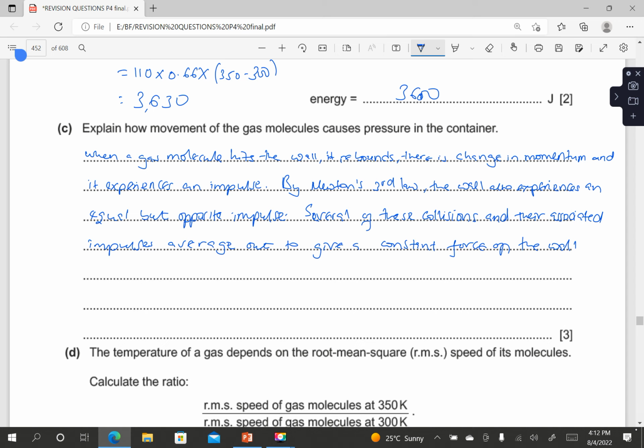So several of these collisions and their associated impulses average out to give a constant force on the wall.